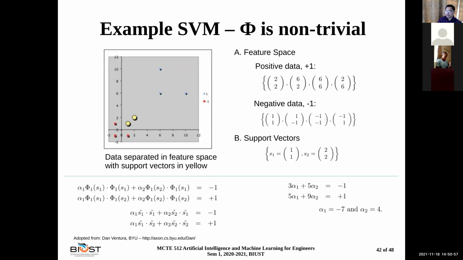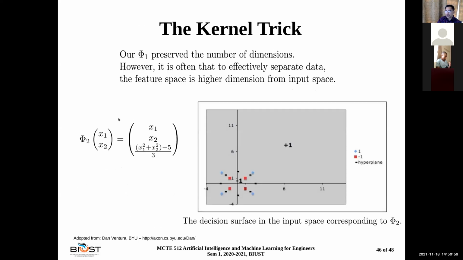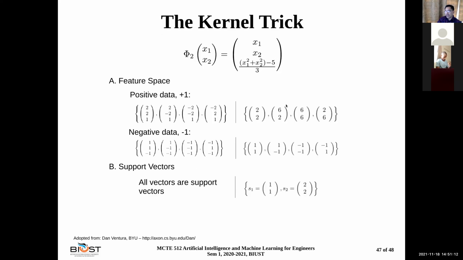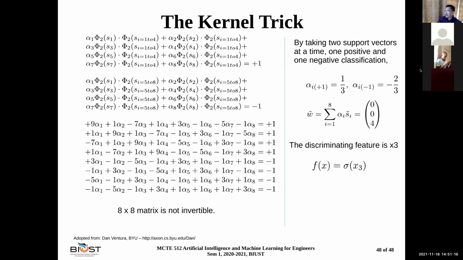So now we do a kernel trick by adding additional information, an additional dimension that will take care of the missing information. With this additional information, we were able to identify the new values of the alphas for all the eight support vectors, because in this case all 8 of them were support vectors.